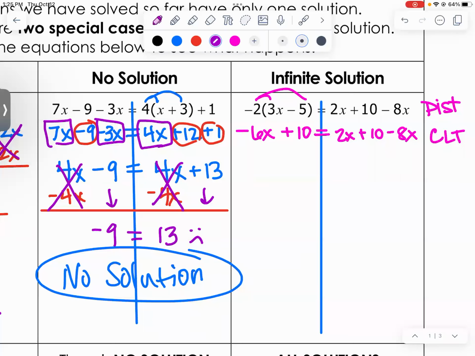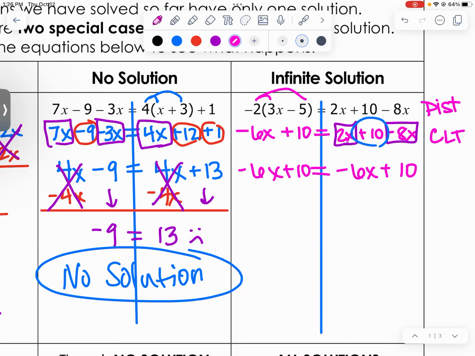No. However, we have some things to combine on the right side. On the left side, we have negative 6x plus 10. On the right side, what do we have, Tatum? Plus 10.